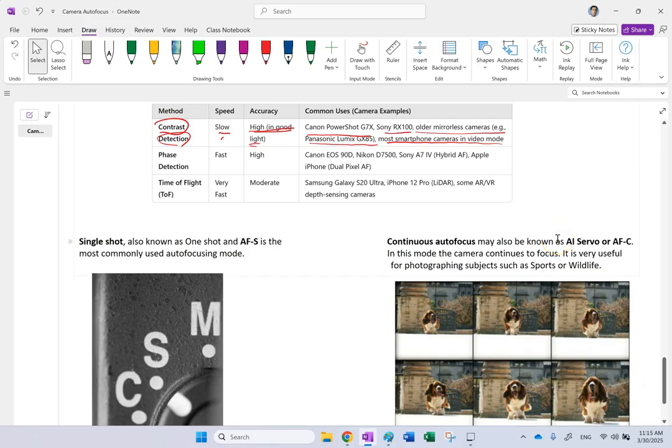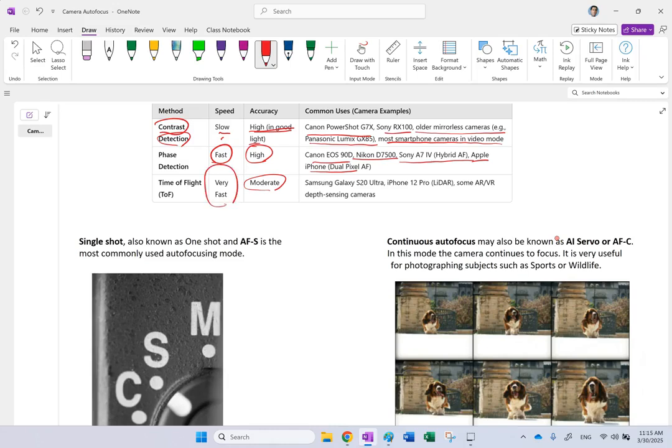The face detection ones are faster and their accuracy is high too. So some new Nikon, Canon, or Sony, and some of the Apple ones are using that. And time of flight, the accuracy of it is moderate, and the good thing is it's very fast because the light travels very fast, and finding a value out of a lookup table is not that hard.